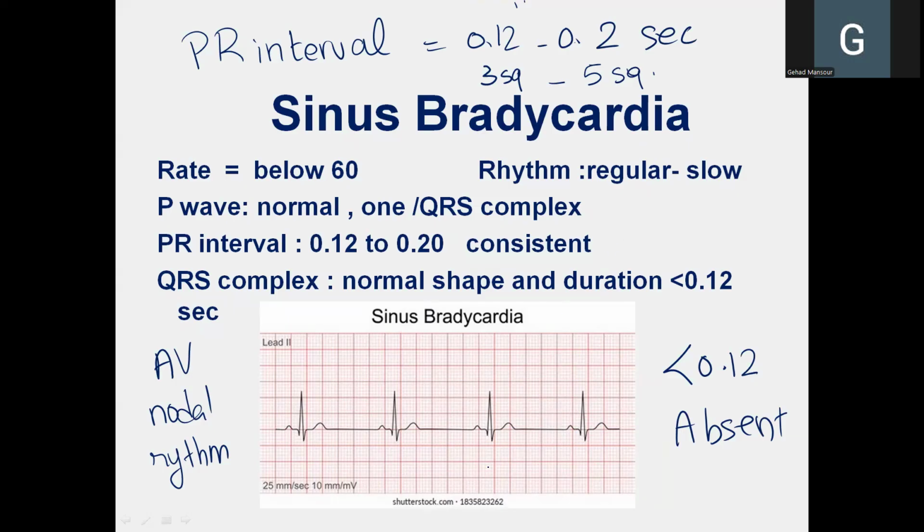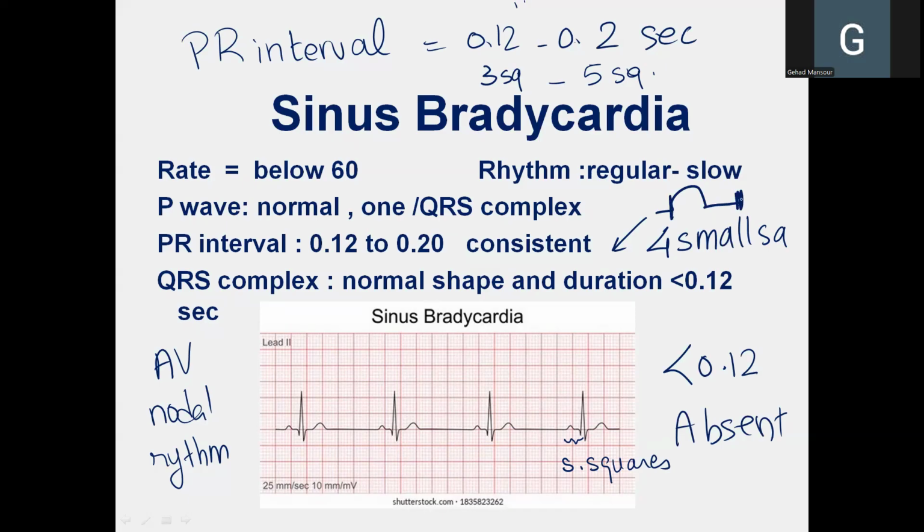And again, when you receive the sheet, you have to calculate the number of small squares. You will not tell me that the PR interval lies between 0.12 and 0.20. You would count the number of squares and say that you found, for example, 4 small squares representing the duration of the PR interval, meaning the whole width of the P wave together with the PR segment.